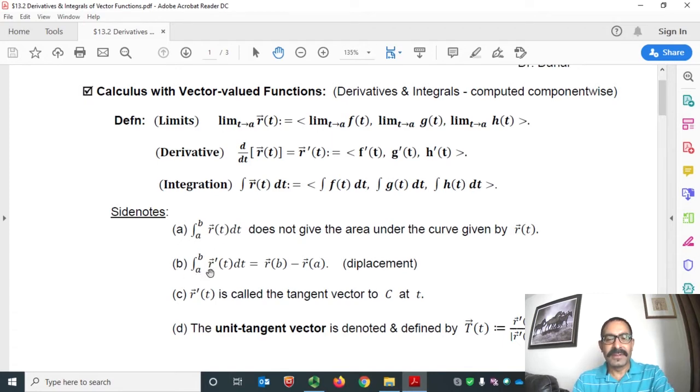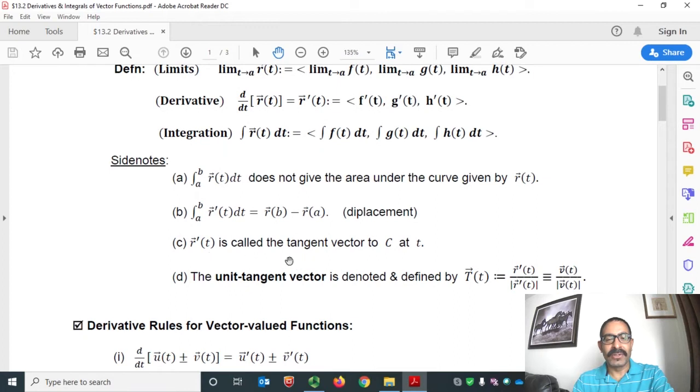The definite integral of the derivative r prime(t) is simply the displacement r(b) minus r(a) by the fundamental theorem of calculus. For a curve C, r prime(t) is called the tangent vector to C at t. So that means the first derivative of r(t), the first derivative of the position function, is the tangent vector.